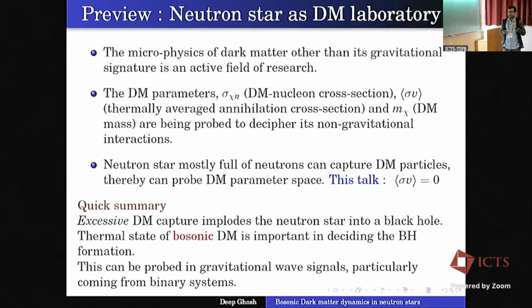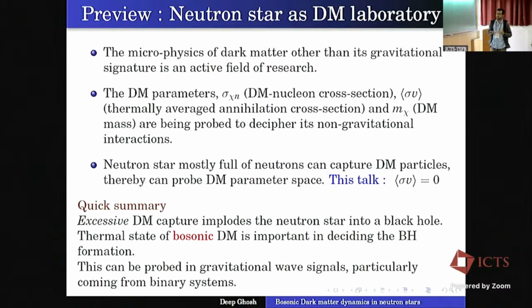So let me quickly summarize my talk, and then I will go into the details. The thing is that excessive dark matter is captured via this cross section sigma chi n. I have said the annihilation cross section is 0. Excessive dark matter capture can transmute this neutron star into a black hole.